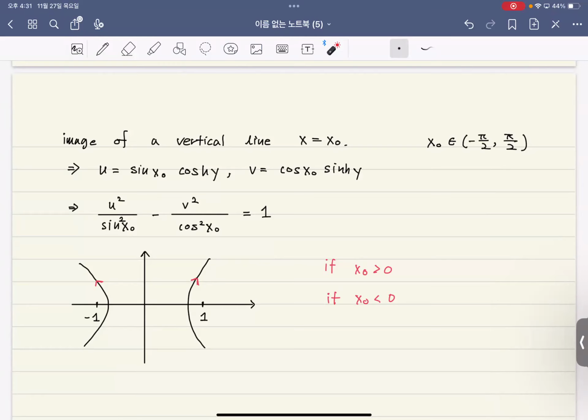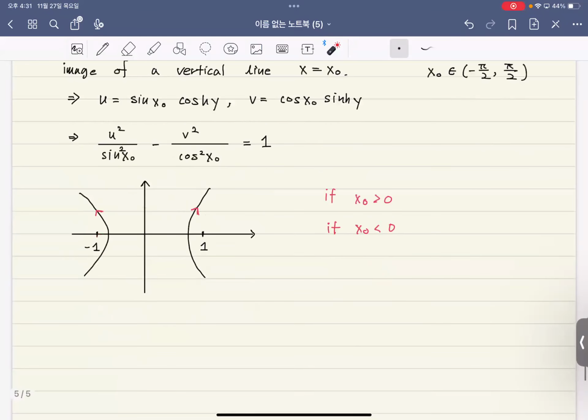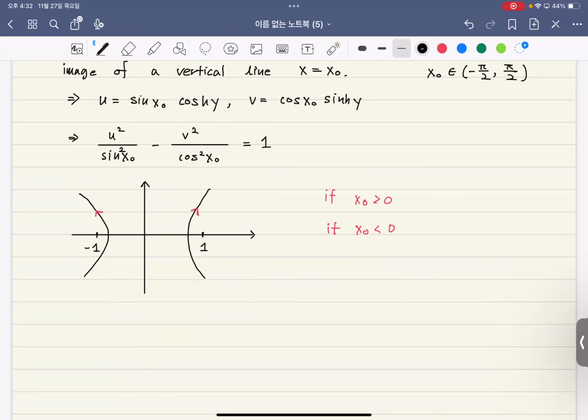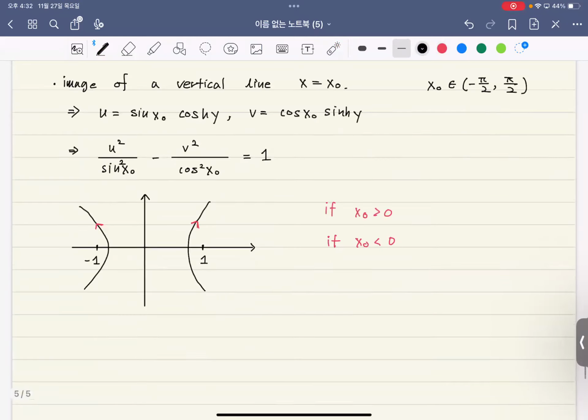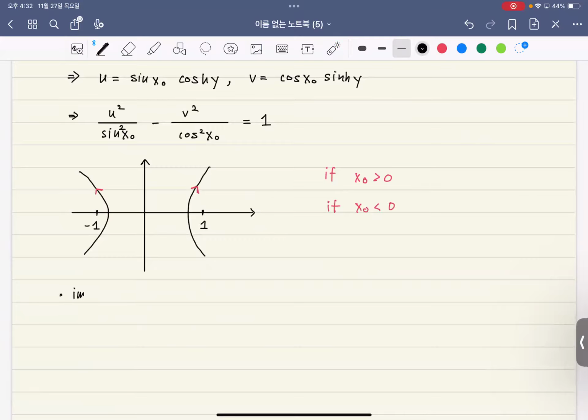In this case, for every real number y, hyperbolic cosine is always greater than or equal to 1, so the image curve is going to be this half line. On the other hand, if x0 equals minus pi over 2, it is almost the same thing, but the image curve is a half line starting from this point going to minus infinity. Okay, so this is about the image of the vertical line.